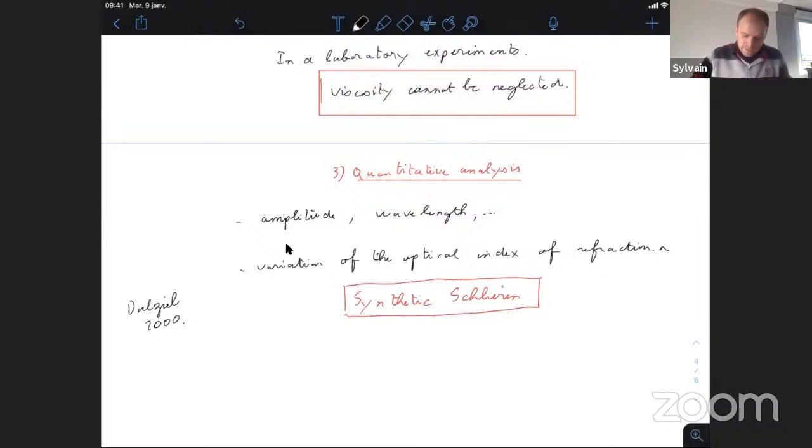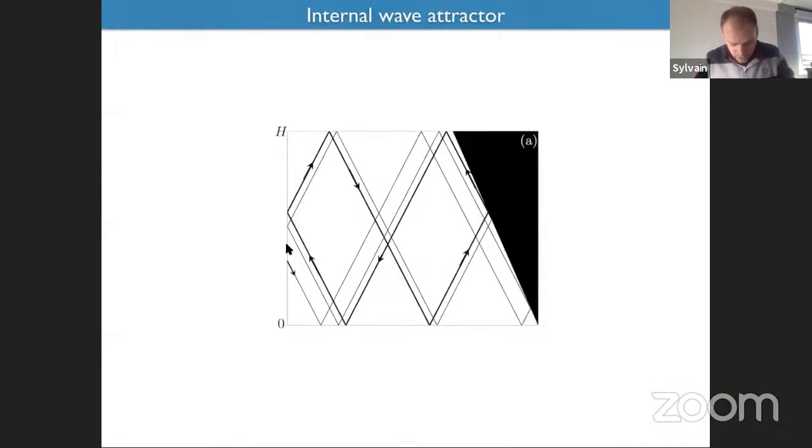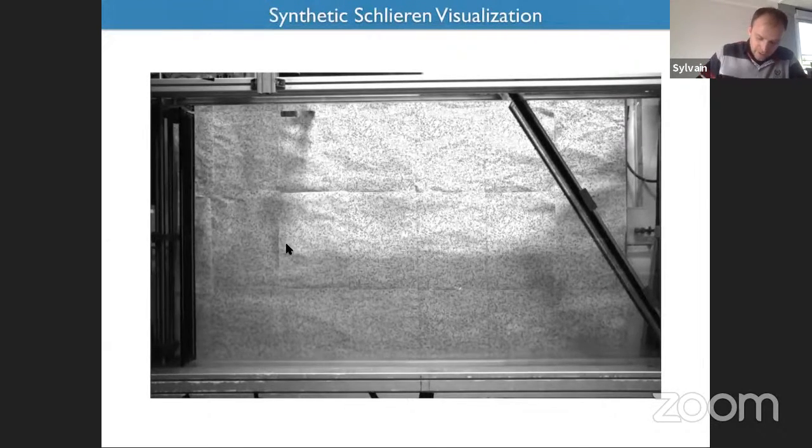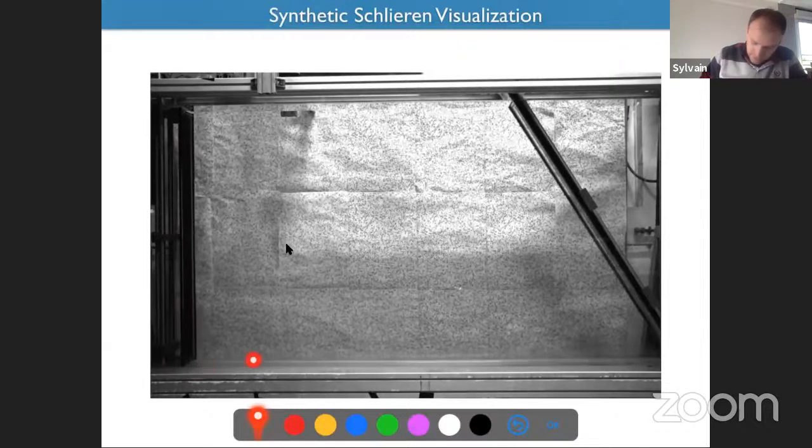To explain what this technique means, I think the best is to show you a movie. Again, you recognize the same system, the trapezoidal domain. The previous system was nice to see some dye, but it's not easy to implement. This one, you just put a grid of randomly spaced points behind the tank, and you look through the tank. So for the moment, you don't really see a lot of things, but you look at the points with the camera, and these points are behind the tank.